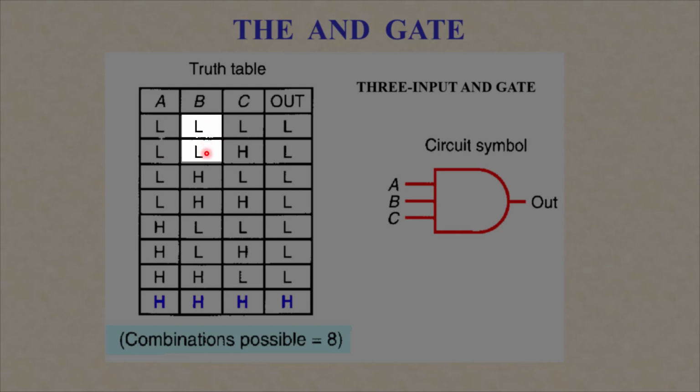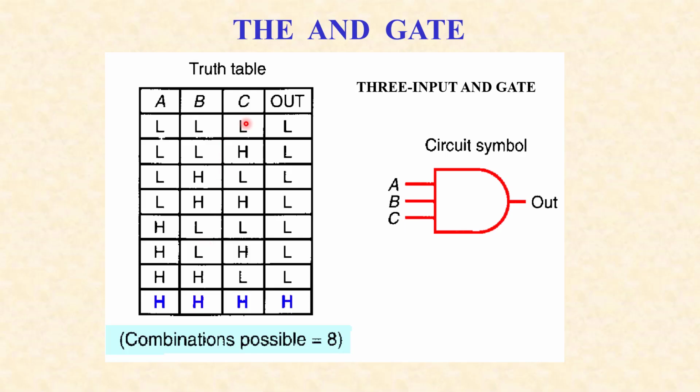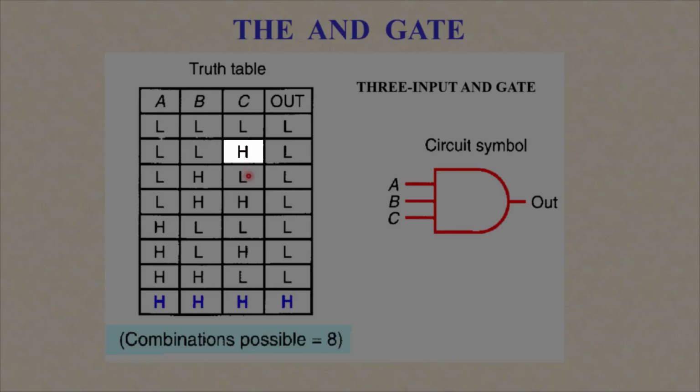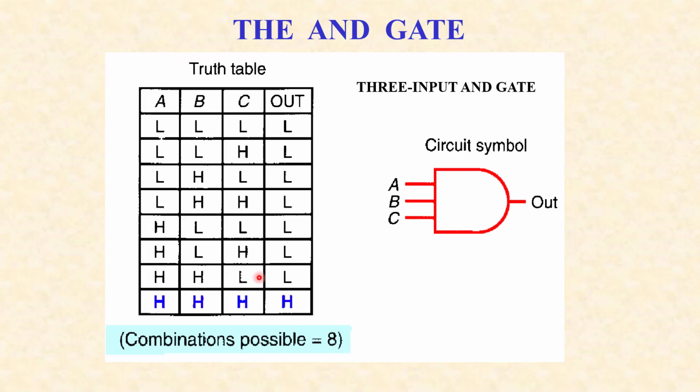Now I'm just going to do 2 and switch, 2 and switch. And over here I half it again. So I'm going to switch with 1. 1, switch, switch, switch, switch. So if I fill it out that way, I get all of the different possibilities that can exist. And we know that with an AND gate, the only time I'm going to get a high is if all 3 of these inputs are high. And that's what's represented here.